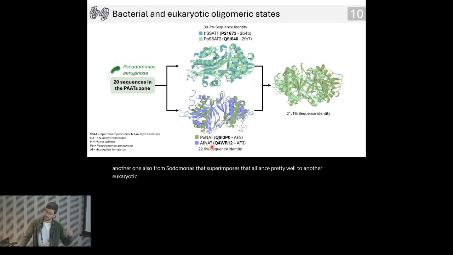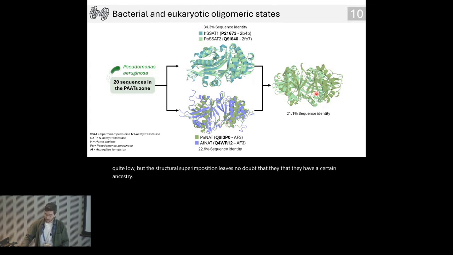This is that fungi, that isolated entry that I mentioned earlier at the top of the tree. You can also see the sequence identities, here it's 34%, here 22%. They are quite low, but the structural superimposition leaves no doubt that they have a shared ancestry.